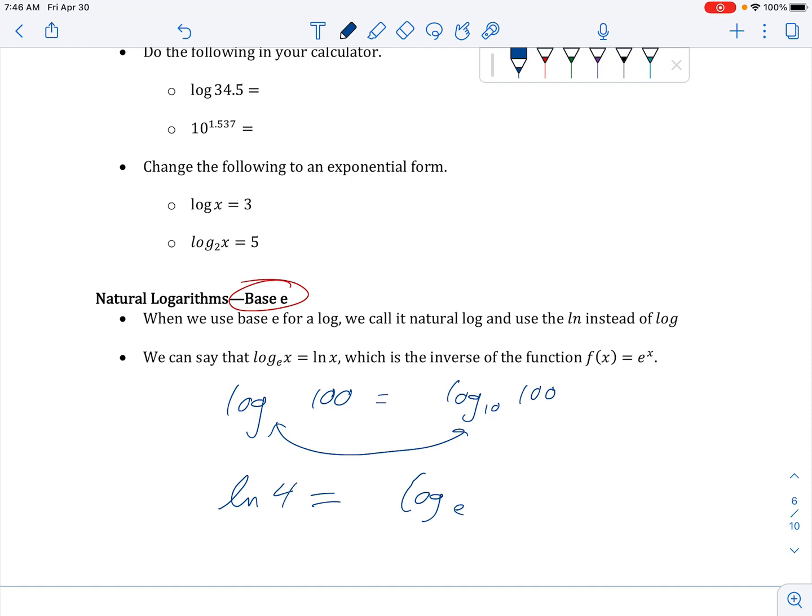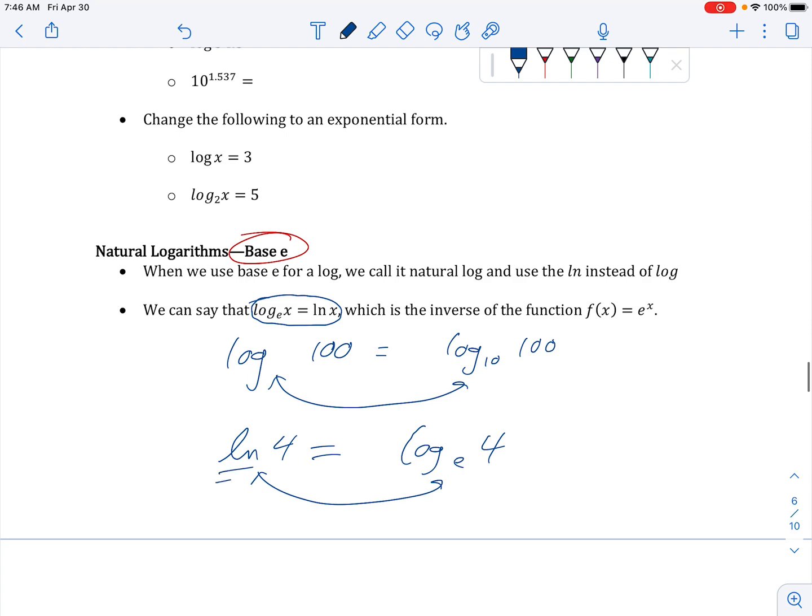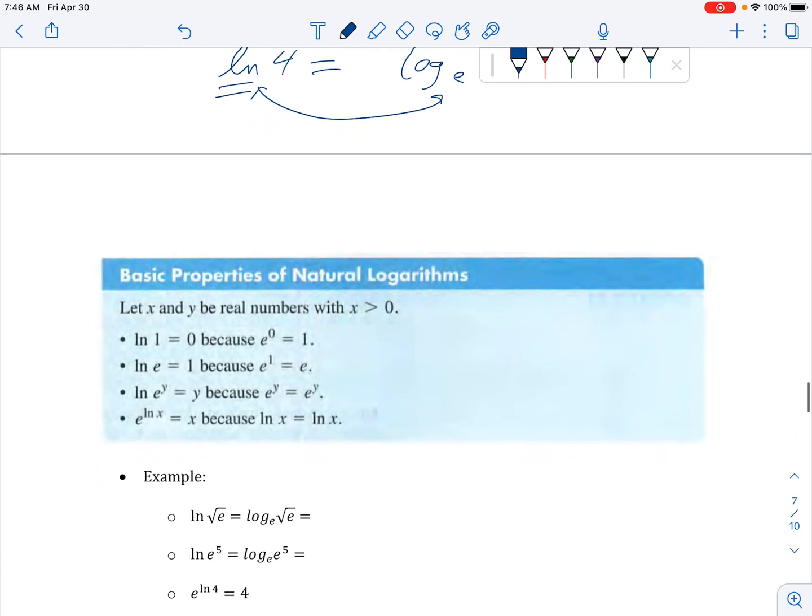So if I have ln of 4, that means log base e of 4. So that's what that means. Log base e, we call it the natural log. I didn't get to talk about it after the test, so I'm talking about it here. ln means log base e. Log with no number means base 10, and everything else is that number.